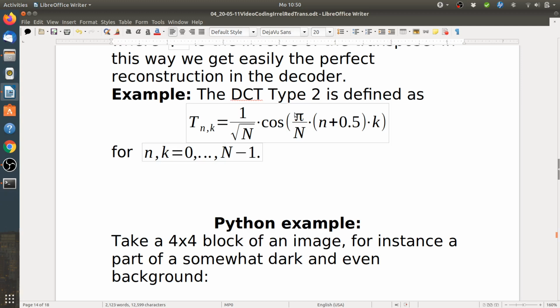So we have a cosine of pi over capital N times n plus 0.5 times k. This type is mostly used for image coding. It turns out for image coding this works best. And again, since we have a square matrix, the two indices n and k range from 0 to capital N minus 1.